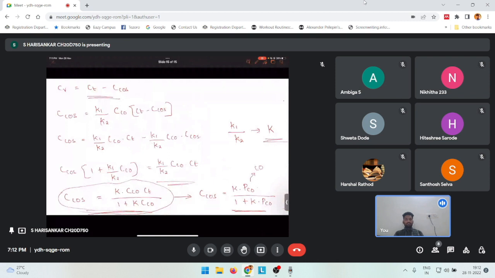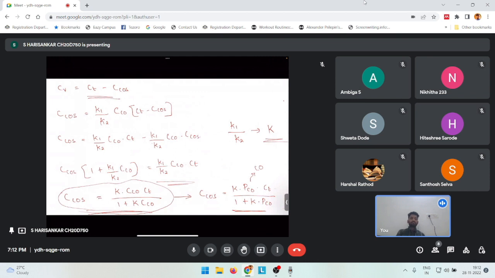It is not exactly correct to represent that in terms of total pressure, so we only represent our reactants and products in terms of partial pressure. So this is the term for CCOS when your adsorption is in equilibrium.